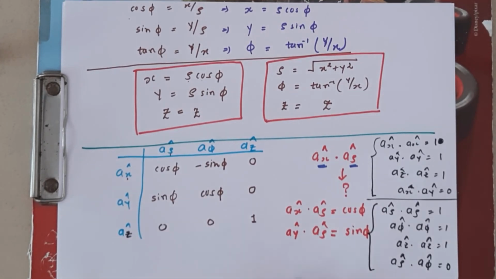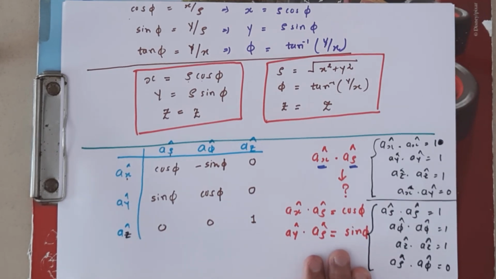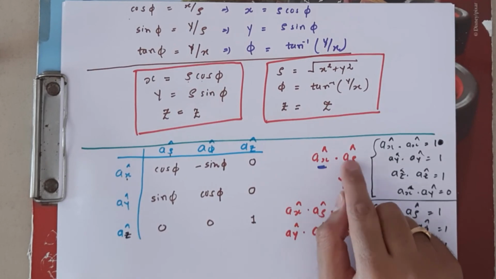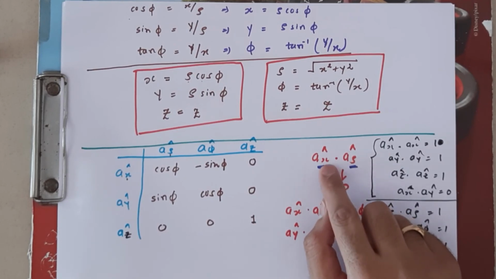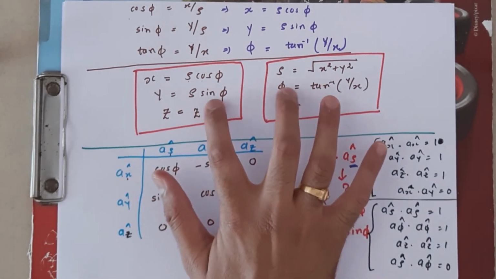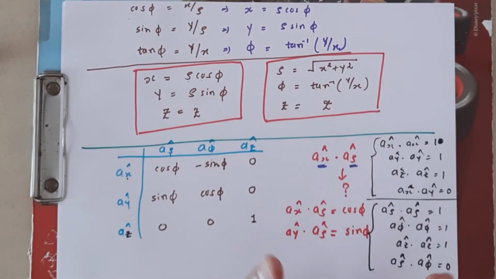In this way you find the dot product between unit vectors of two different coordinate systems, first rectangular and second cylindrical. This is the relationship between the Cartesian and cylindrical coordinate systems.